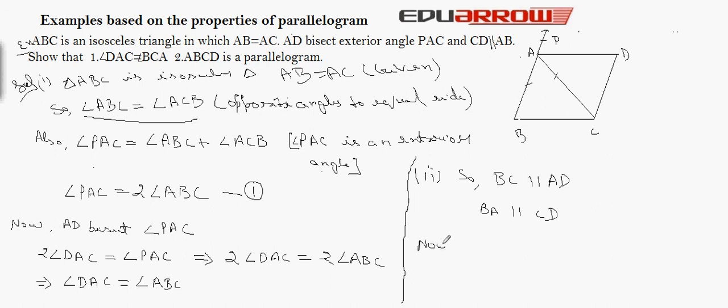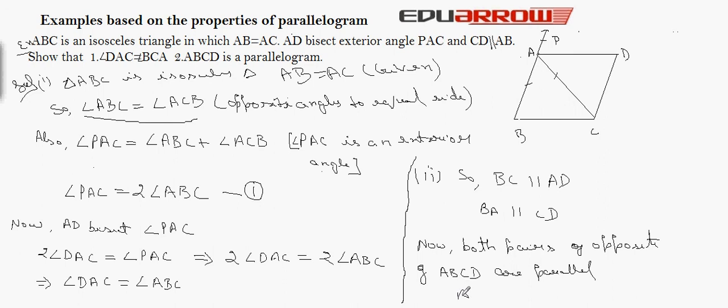Now, both pairs of opposite sides of quadrilateral ABCD are parallel. So, ABCD is a parallelogram.